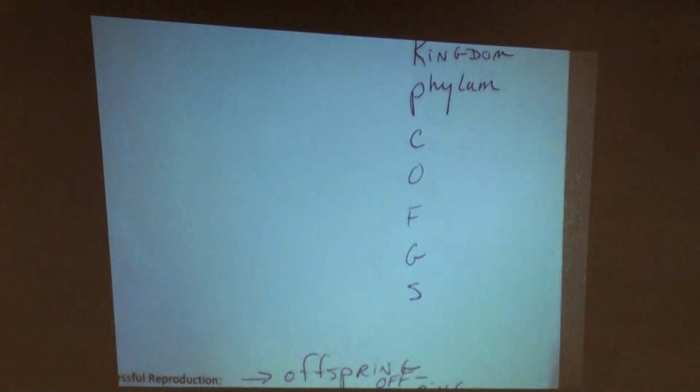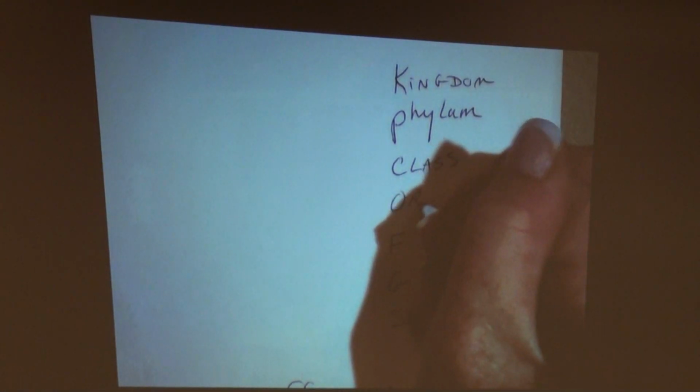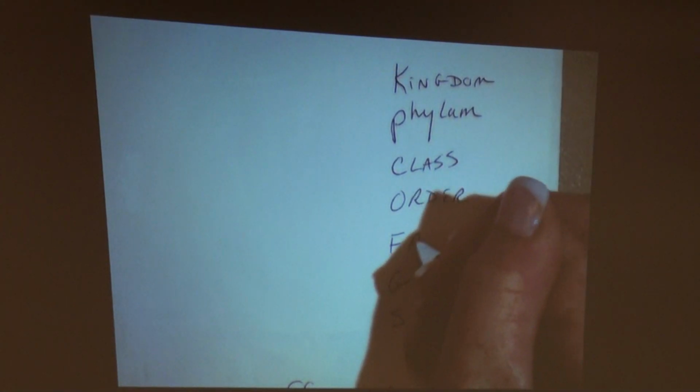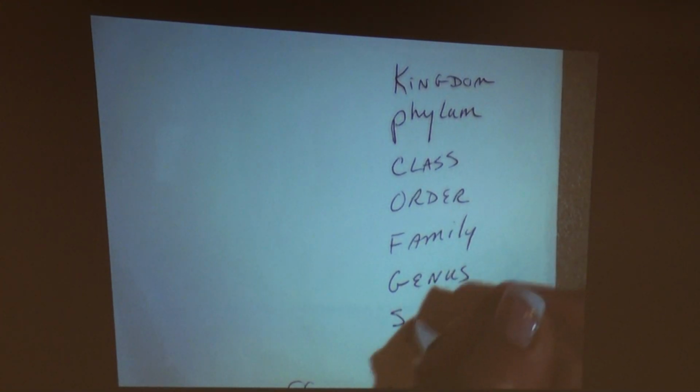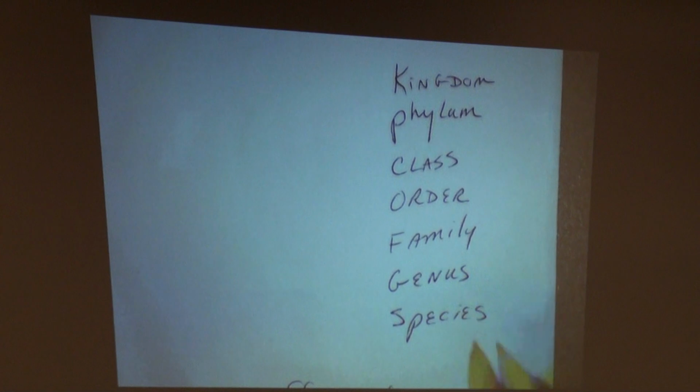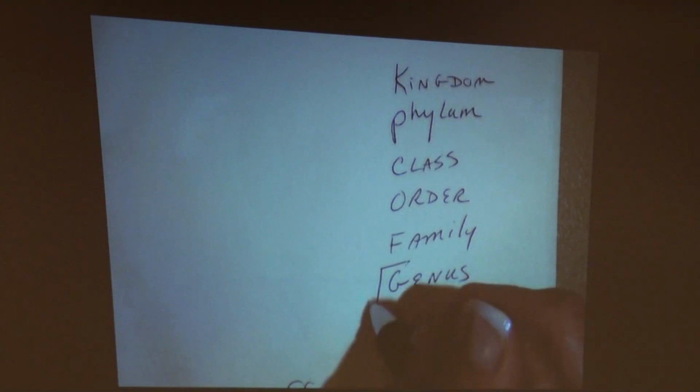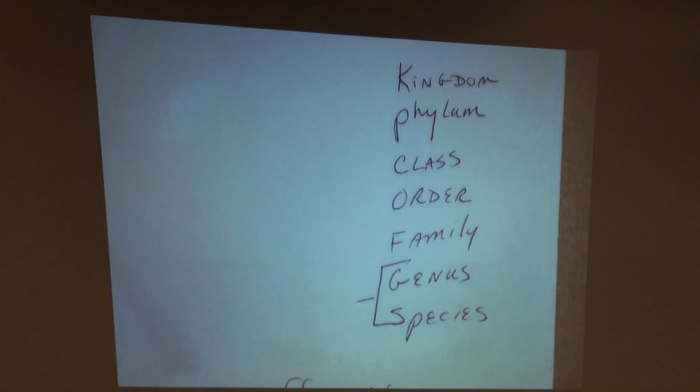So we've got kingdom, phylum. This is Linnaeus' setup, and it's been perfect because we've been able to expand it. Class, order, family, genus, species. Y'all know that genus and species make up the scientific name. Some of you are like, Homo sapiens.